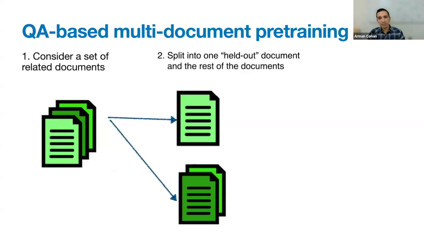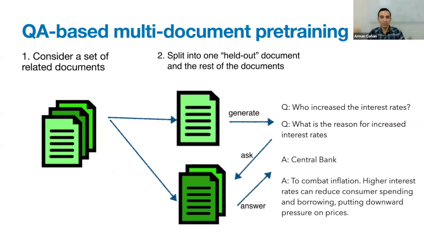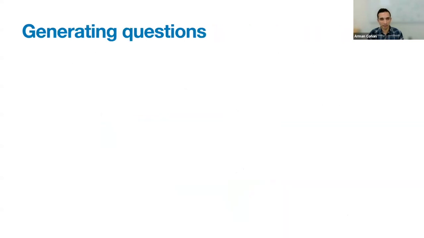And then we can split these related documents into a held out document and a set of other documents. You generate questions from the held out document, and you try to answer them using other documents. Although this process could be noisy, when you're doing pre-training at scale, the hypothesis is that this is going to help the model look into other documents in the context.